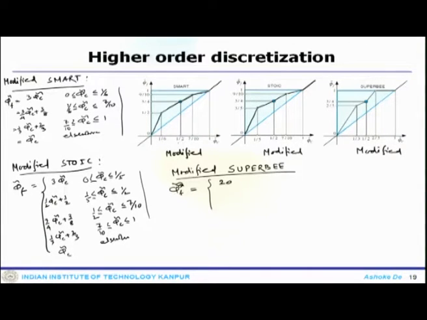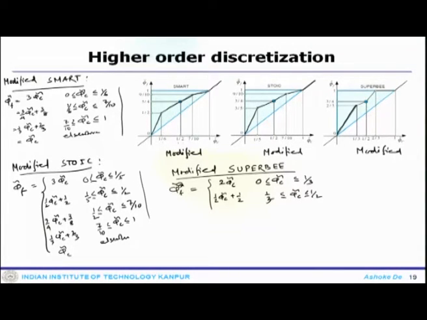2 phi c if phi c tilde lies between 1/3 and 0. So, that means this goes with this profile 0 to 1/3, and then half phi c tilde plus half, which goes from 1/3 phi c tilde less than half.